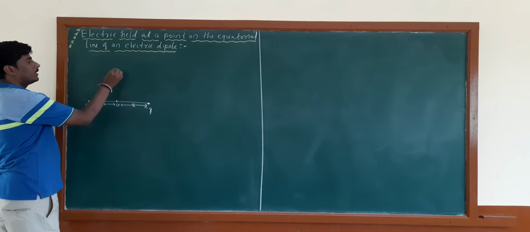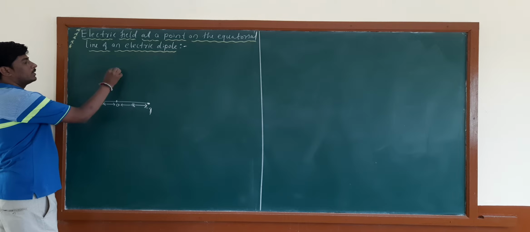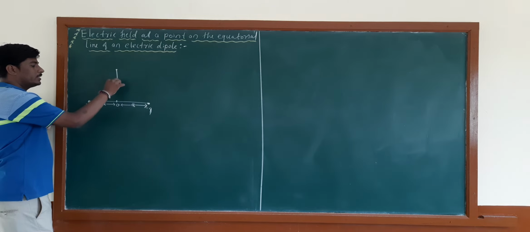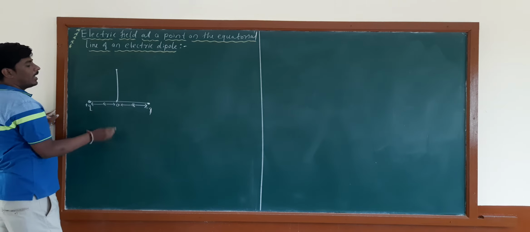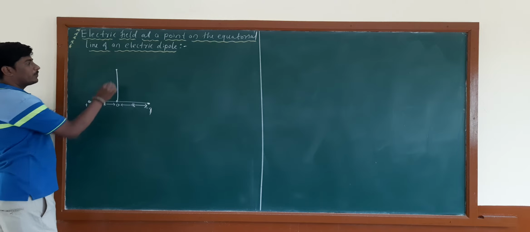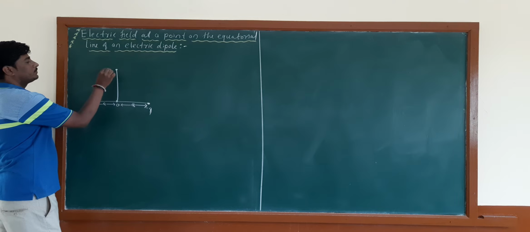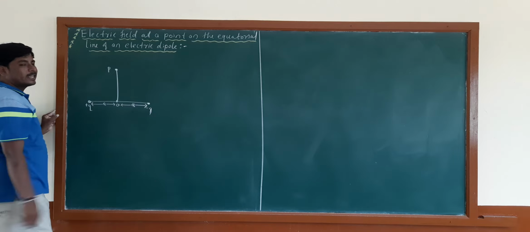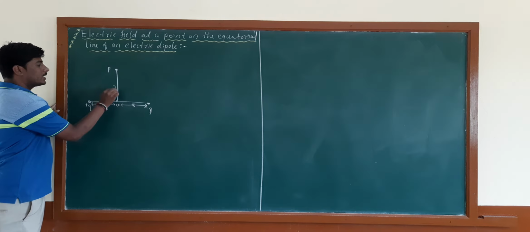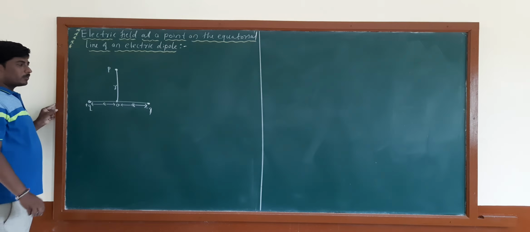Say that P is a point at a distance r from the center of the dipole. This is the point P. At point P we are going to find the electric field, at a distance r from the center of the dipole.